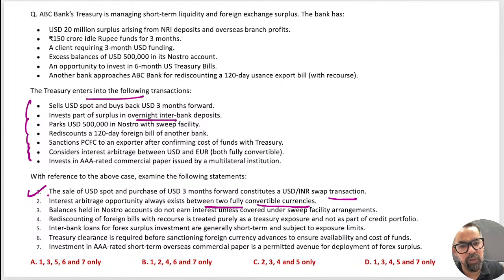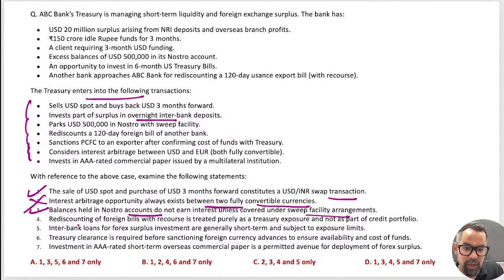This is a normal statement, and the statement is wrong. Usually, interest arbitrage opportunities are not available in two fully capital account convertible currencies. It is mostly one fully convertible currency and another non-convertible. So this is wrong. Third statement: balances held in nostro account do not earn interest unless there is a swap agreement.